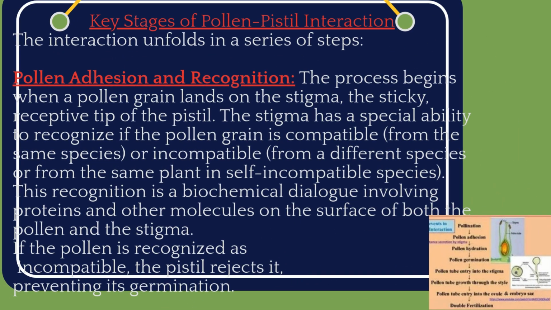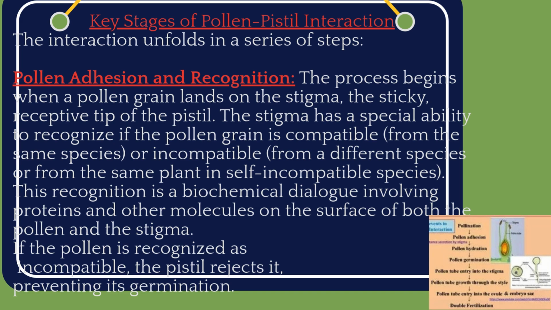Now, here we'll see the key stages of the pollen pistil interaction process. The interaction unfolds in a series of steps. As you can see in the figure, all the steps are mentioned here, but we'll see them step by step.